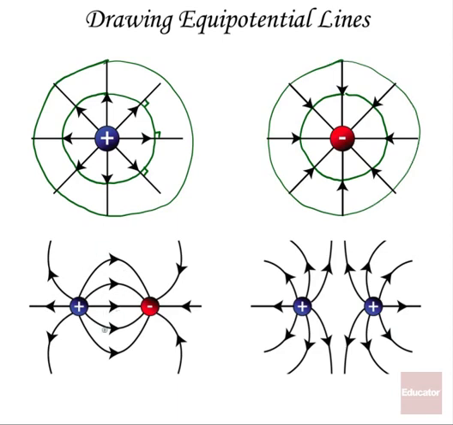Over here in the bottom left, where we have our dipole again of a positive and negative charge, now our equipotential lines get a little bit more complicated. The one right here is pretty easy. If we draw an equipotential line right through the middle, that's pretty straightforward. It crosses all of those at 90 degrees. But in order to cross all of these at 90 degrees, as we move in here, we're going to have to adjust that a little bit, and we're going to start to see some curve to it.